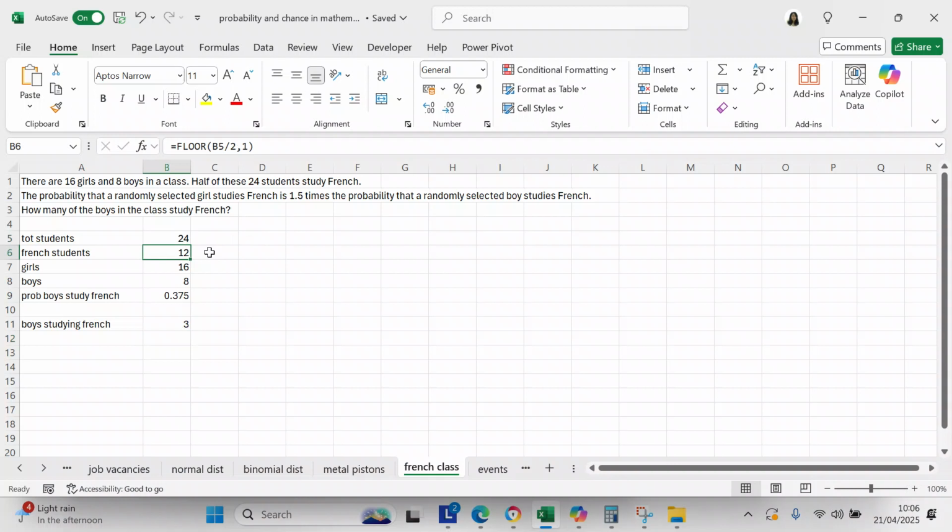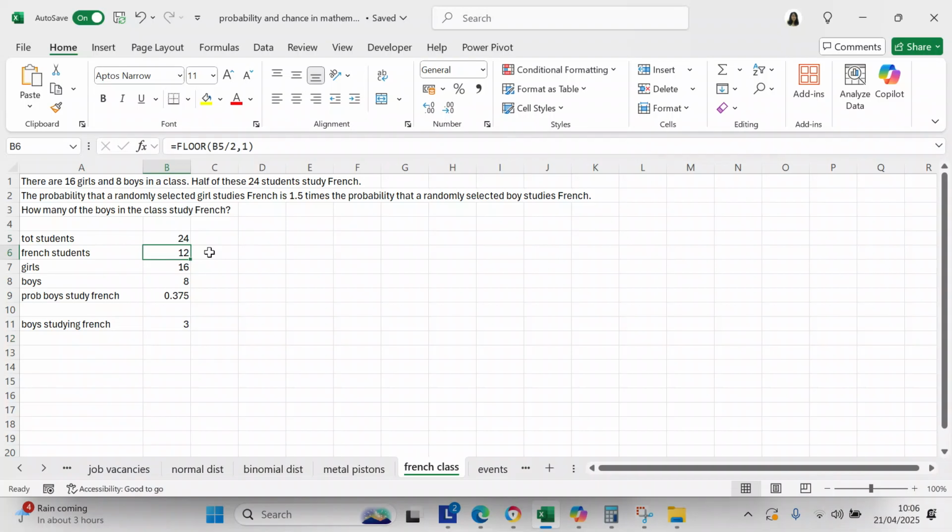How you did that is with the formula equals floor brackets B5 divided by 2, 1. What floor does is convert the number to an integer, or to whatever number of digits you want. I said 1, so it's going to be an integer.